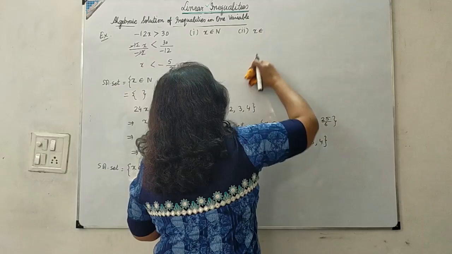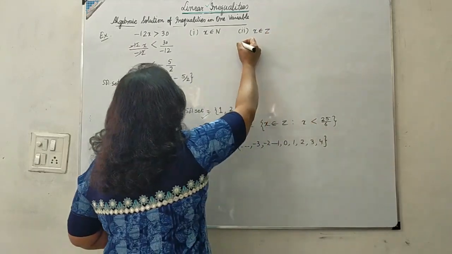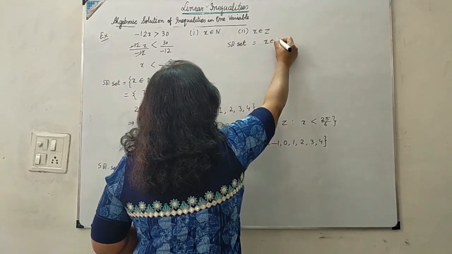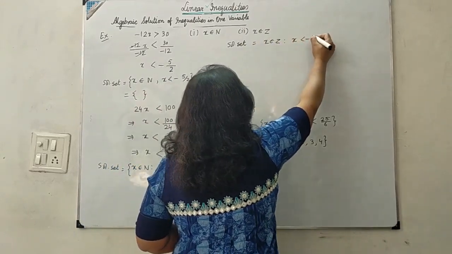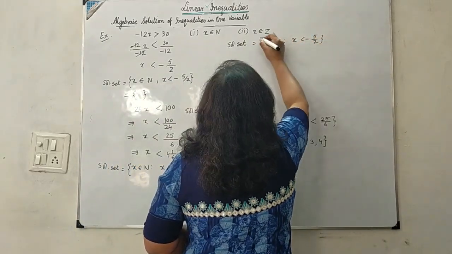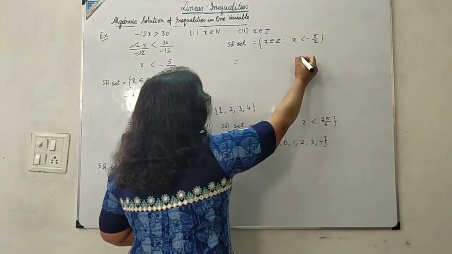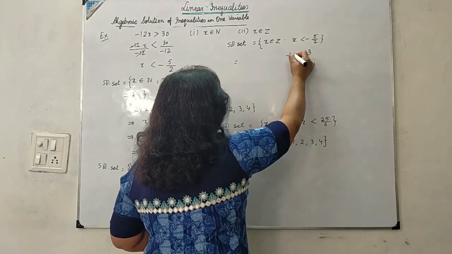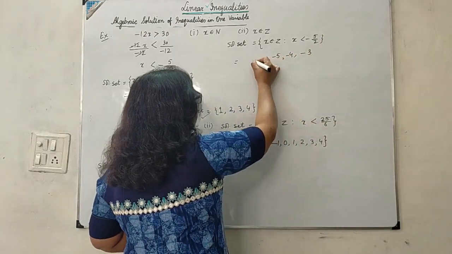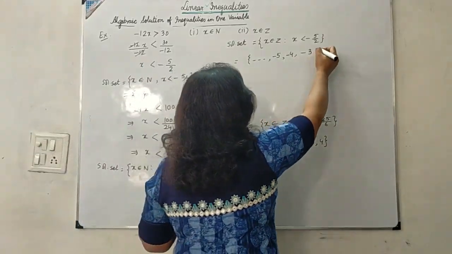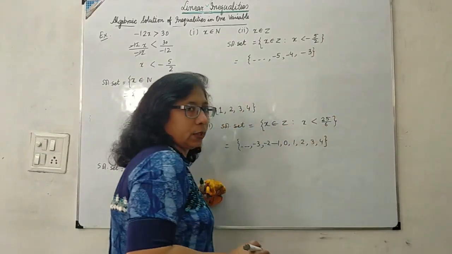Now in the second part, if I take Z, then the solution set will be x belonging to Z such that x is less than minus 5 by 2. Now you can see this is minus 2.5, and the numbers minus 3, minus 4, minus 5 and so on, all these integers are going to satisfy this inequality.